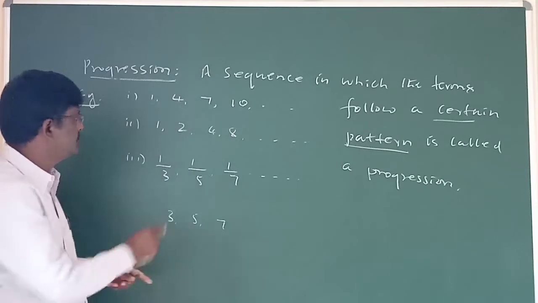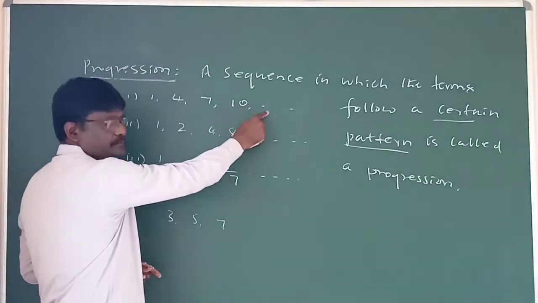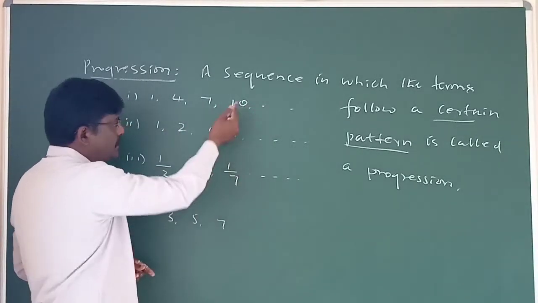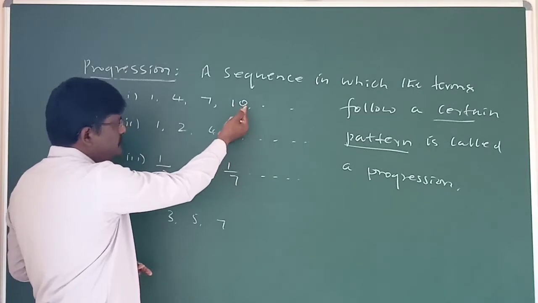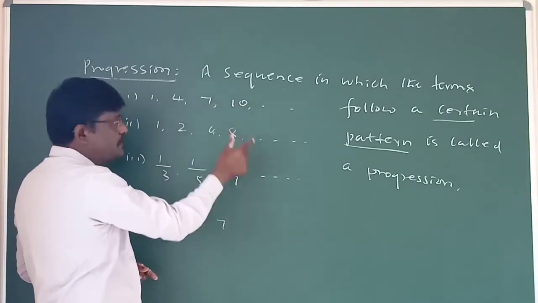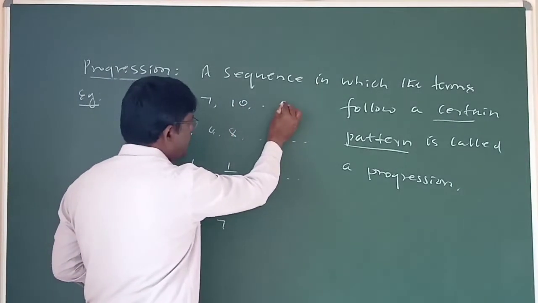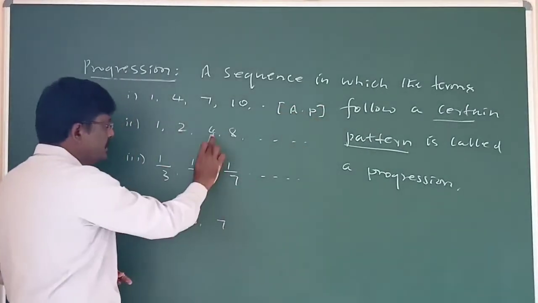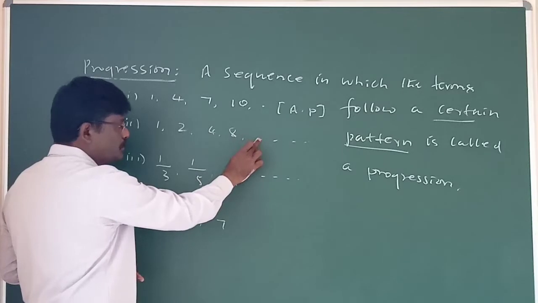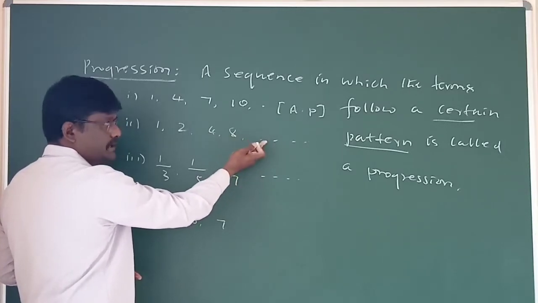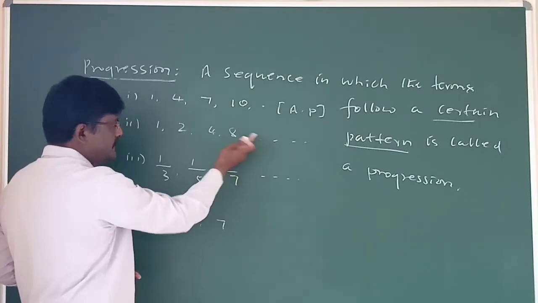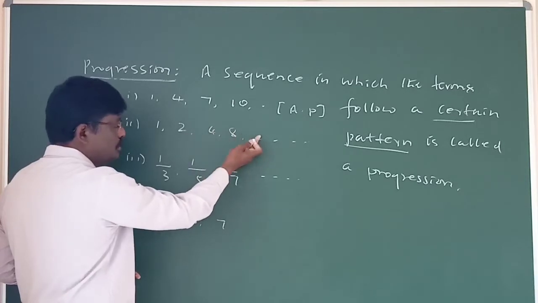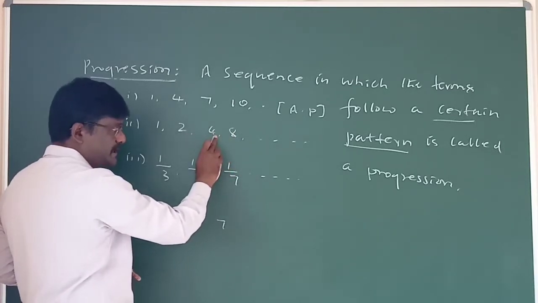1, 4, 7, 10. Here each succeeding term is obtained by adding something to the previous. Such a pattern we say is arithmetic progression. Each succeeding term is obtained by multiplying by something common to the preceding term.